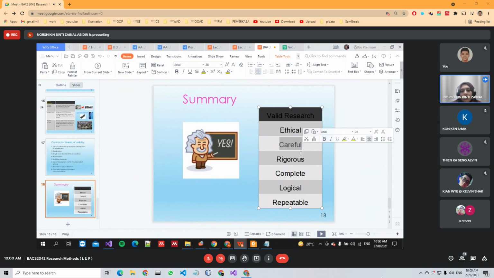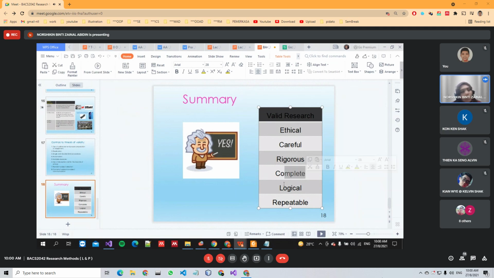And then careful. Careful in research actually. From the starting, from the planning to analysis or to your conclusion, you need to be very careful in your research. Rigorous. Rigorous is actually true and very careful. And then complete.